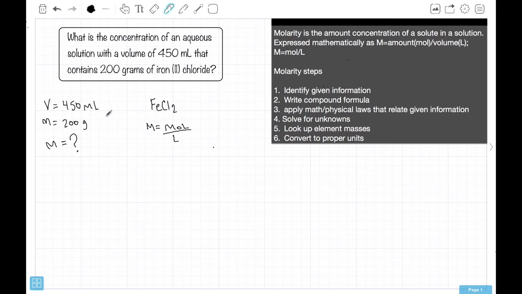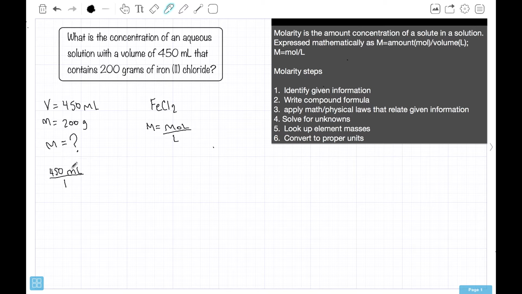So we were given grams as our mass, and that can be converted over to moles. And we were given volume in milliliters, and that can be converted over to liters. So we have everything in order to find molarity. So let's convert the volume first. We have 450 milliliters, and I'm going to put that over 1.